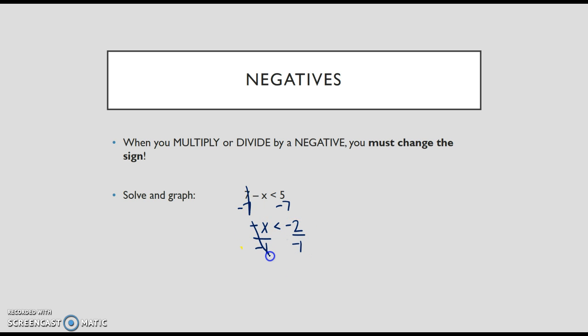And that's going to cancel out the negative, so then I get x, and I have a positive 2 on this side. Well, now I have to change my sign. So instead of it being less than, it's going to change to a greater than every single time. So it becomes x is greater than 2. So the only way this is going to work is if x is greater than 2. All right? Anytime you multiply or divide by a negative, you must change the sign. Other than that, it's just like our equations.